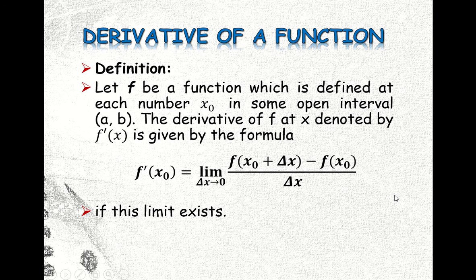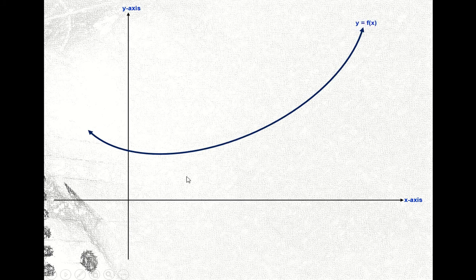Okay? Now let's go directly to the derivation of this formula, the steps of how this formula is being derived. Okay, so let us have here the Cartesian coordinates, the x and the y axis, and we have the function represented by this curve, and let point P sub 0 be at this point, and let a line pass or intersect at this point.